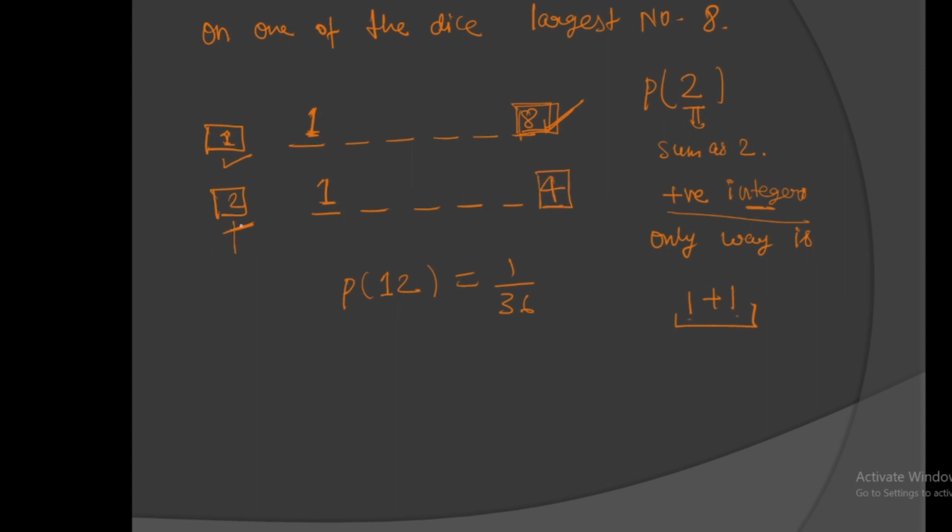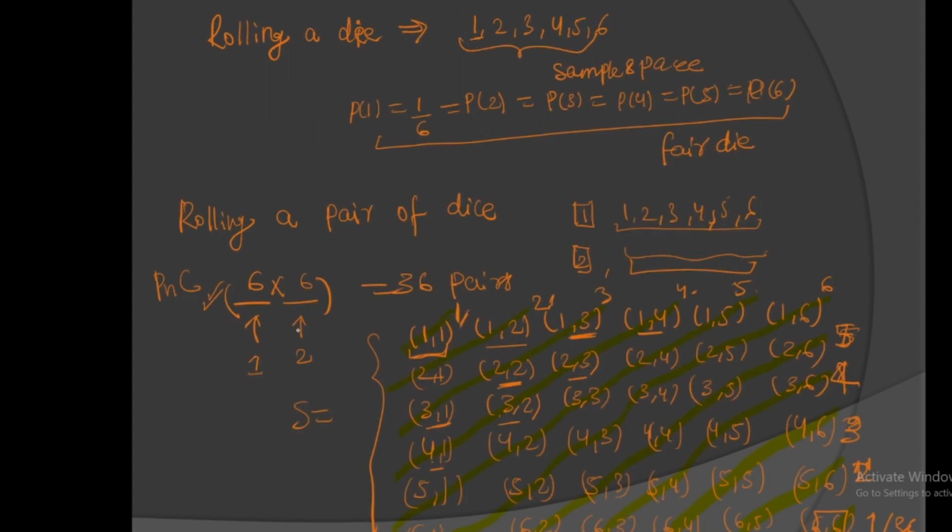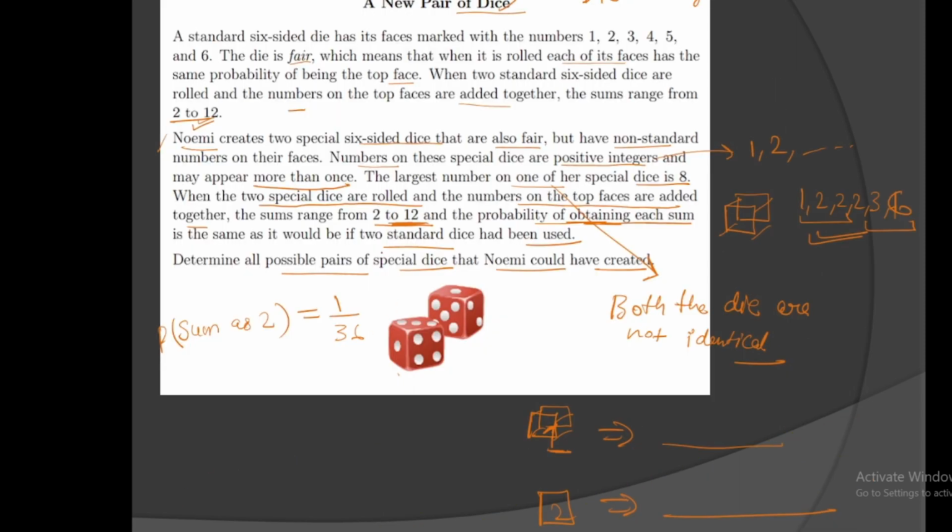Because if on the second die we have the number 5, we will be getting some pair from this, like say here we will be getting 8 comma 5, and then the sum will be 13. But it clearly says that the sum ranges from 2 to 12.